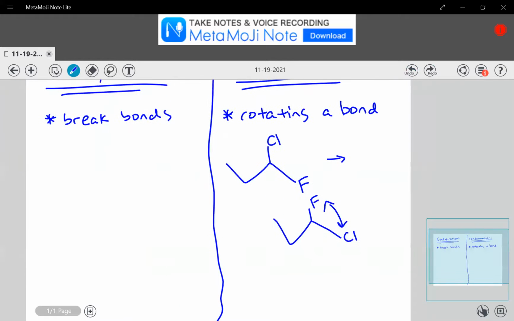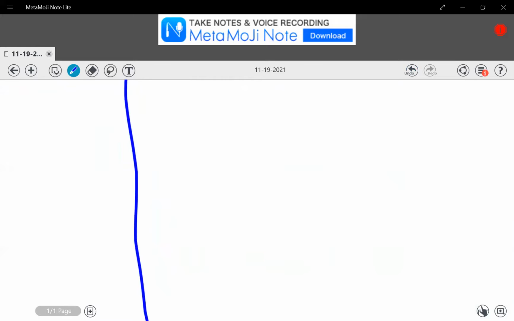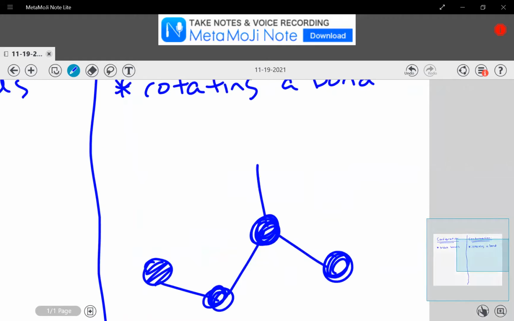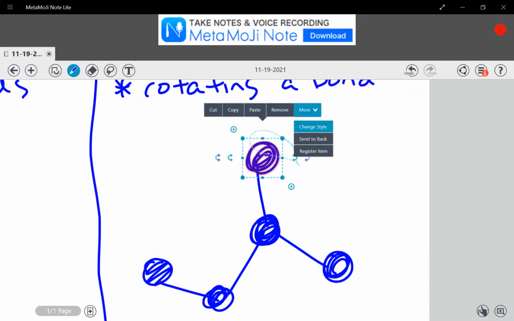So let me just draw that for you guys in 3D. That makes it a bit easier on me too. So we've got our molecules. All right, so let's change the color of this.